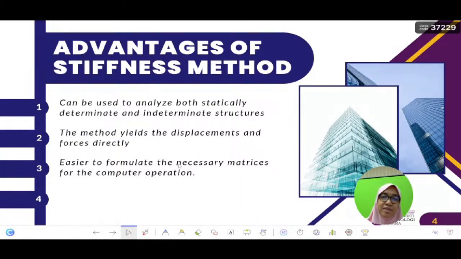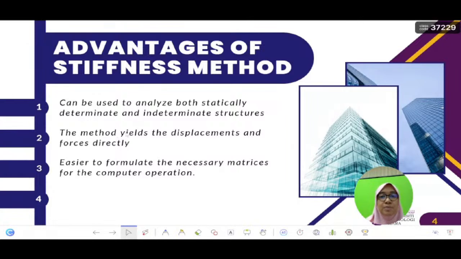Advantage of using stiffness method. So I believe some of you have watched the introduction about stiffness method on how to analyze truss analysis. The advantage of stiffness method is that we can use it to analyze statically determinate and indeterminate structures.